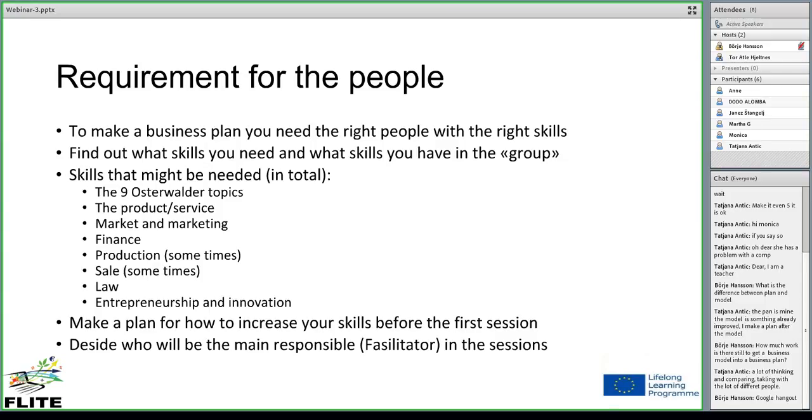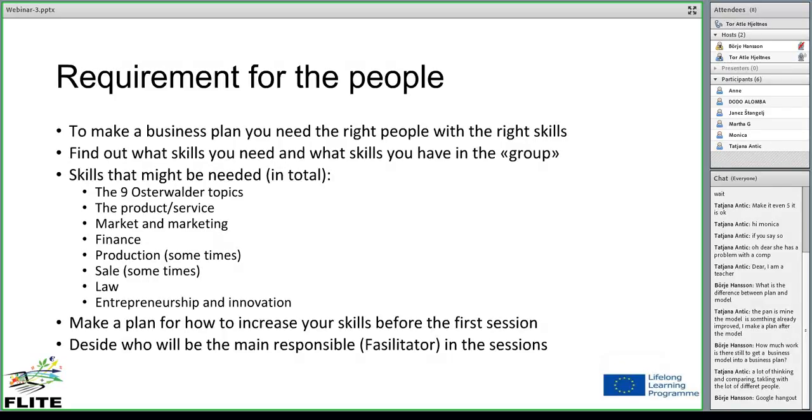This is important when you're going to distribute the main responsibility for the different elements in the Osterwalder model. In general, we can say that in this course you need some knowledge about the Osterwalder topics. You will get this from the course.